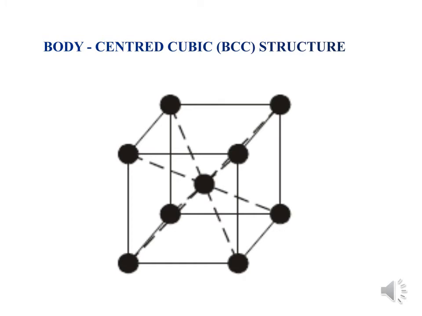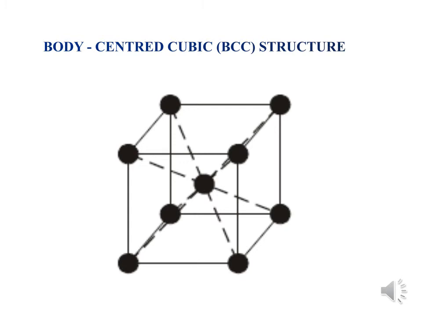Next, let us discuss the topic body-centered cubic crystal structure. In this structure, the corner atoms do not touch each other, but each corner atom touches the body-centered atom along the body diagonal, as shown in the figure. Therefore, two corner atoms situated at opposite ends can be joined by drawing a diagonal.